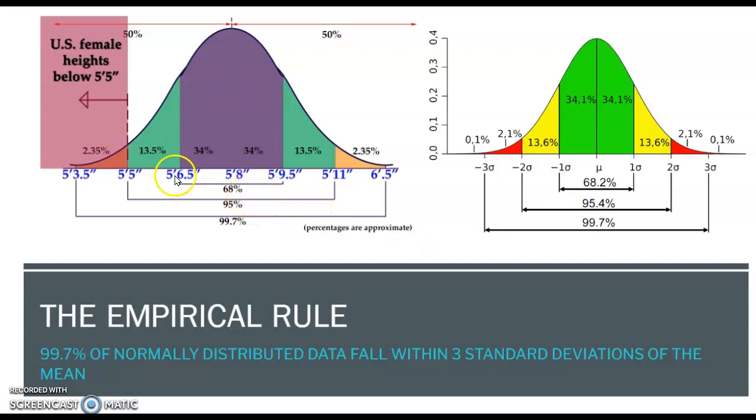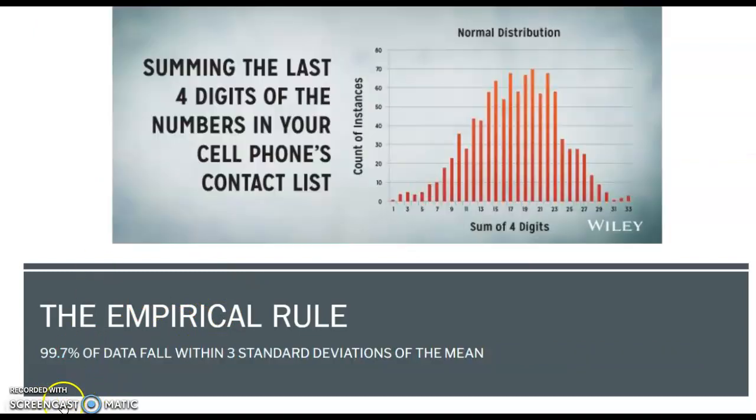What you see in this other graphic, those similar percentages, our textbook uses 68%, 95%, 99.7%, and those three percentages relate to 1, 2, 3 standard deviations away from the mean. In this graphic, you see that the center of the data is 5 foot 8 inches, and that's to talk about the height of US women.